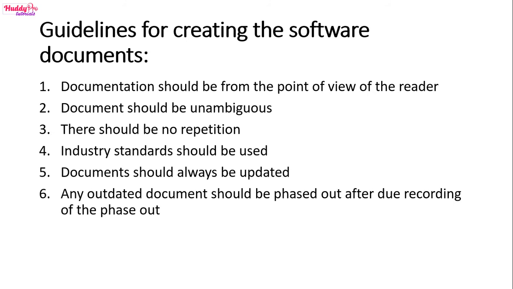Number six, any outdated document should be phased out after due recording of the phase out. So once an update is made, the outdated document should be phased out, and the newly created or updated format is adopted.